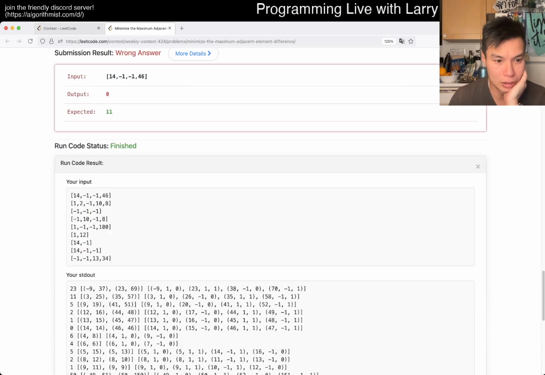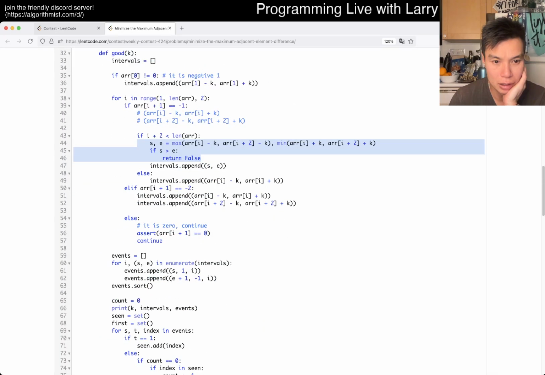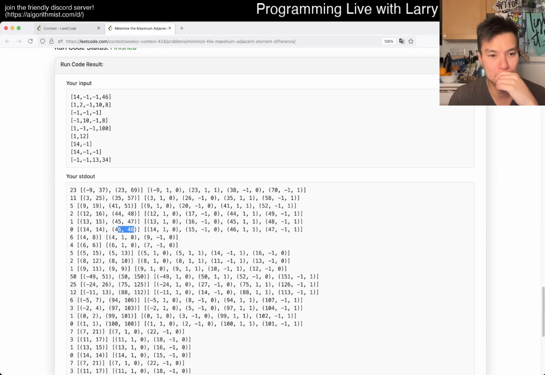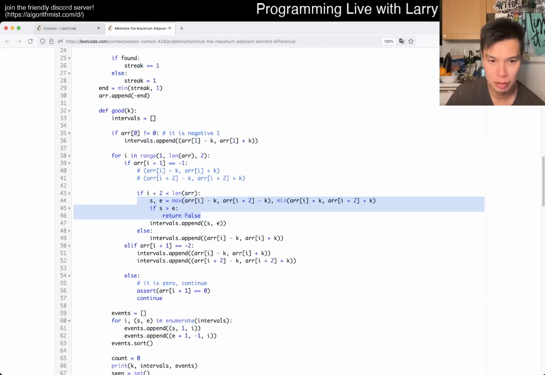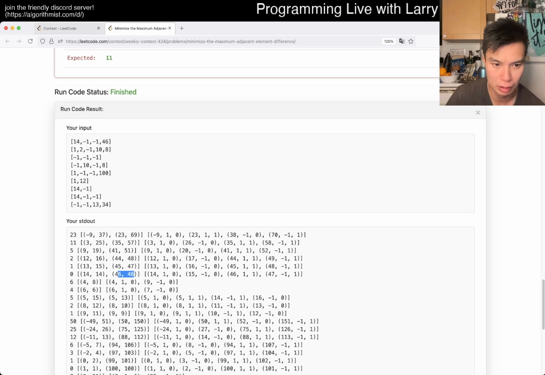In that, okay, so what will my intervals look like for 0? 14 to 14, 46 to 46. And that's just not good enough. Because the intervals that I care about, maybe this was never going to work, I don't know.